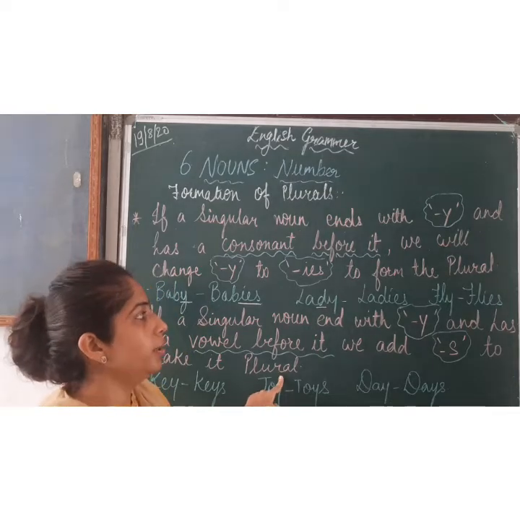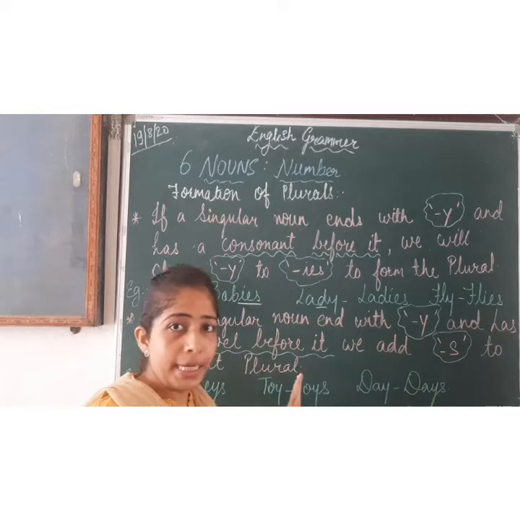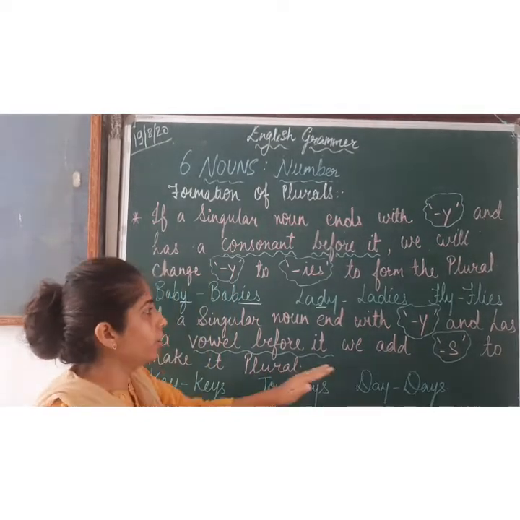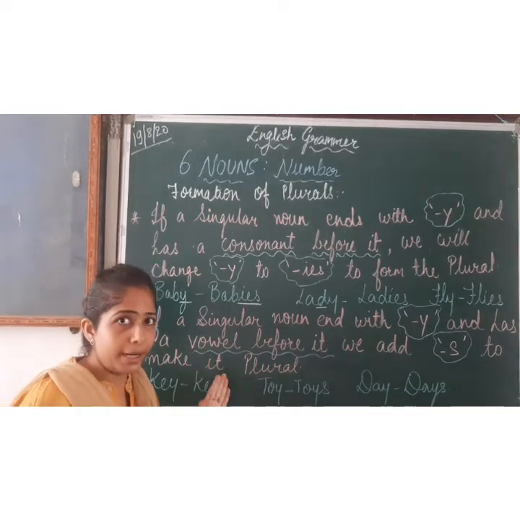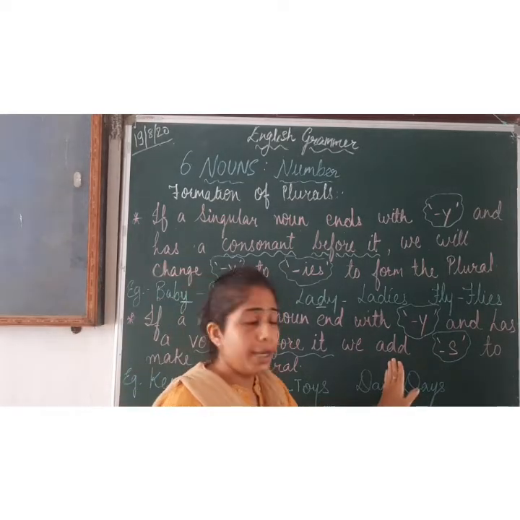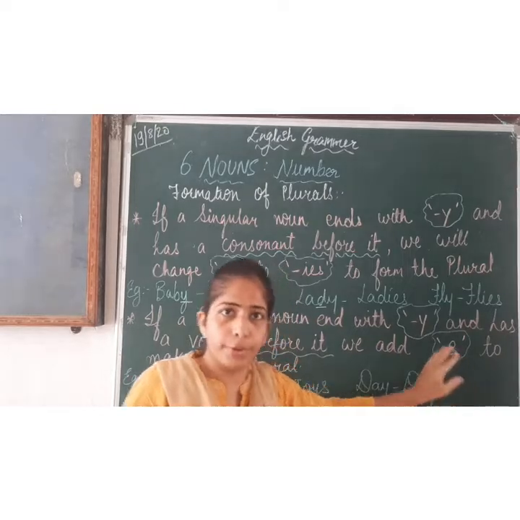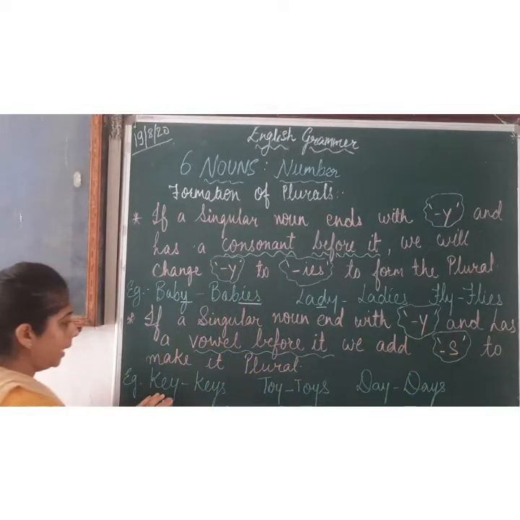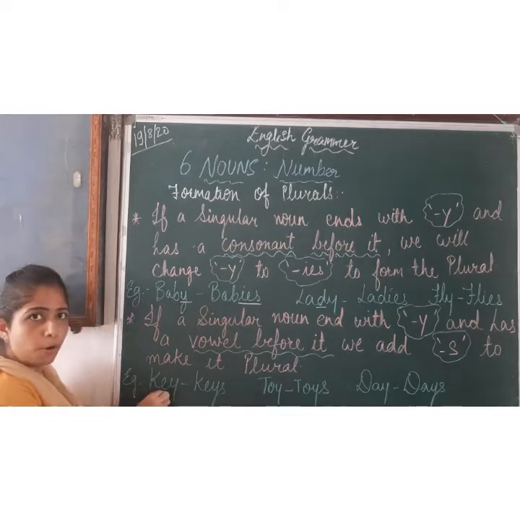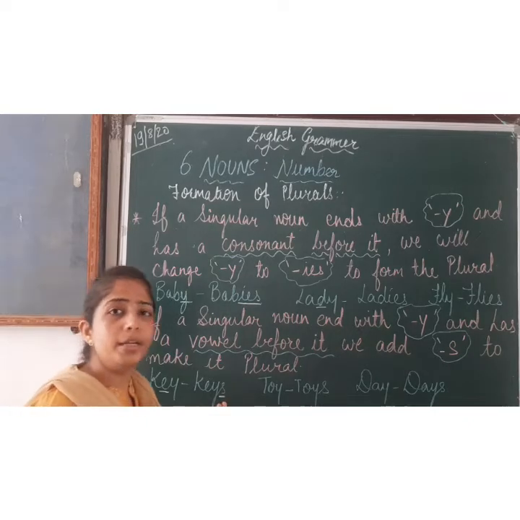When a word ends with y but the letter before y is a vowel, vowel means a, e, i, o, u, then we will add s to make it plural. See, in this word, the letter before y is e. That is a vowel.